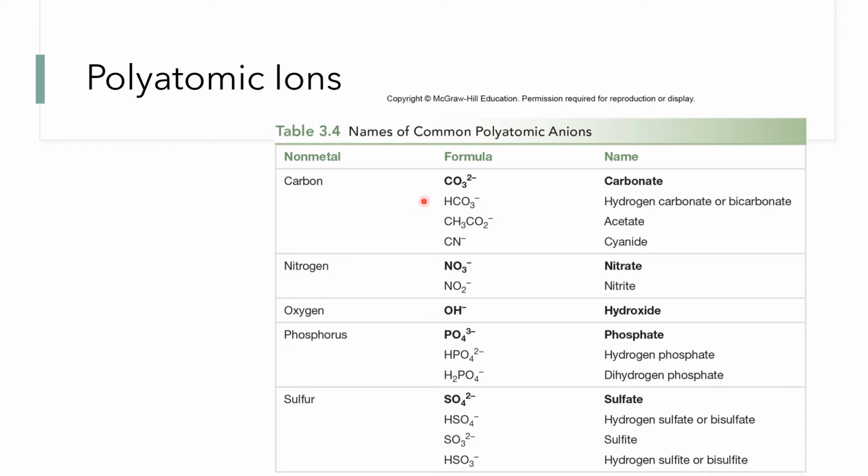So if we had calcium and then this molecule, you'd need 2 of these to go with your calcium in order to balance out the charges. Since calcium is +2, you'd need 2 of these to balance out the charge and make it 0. So they work overall just like one unit.